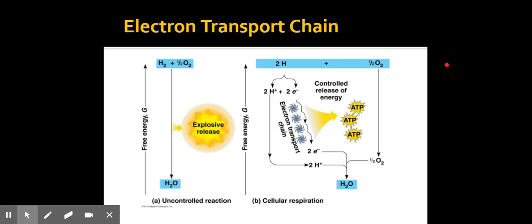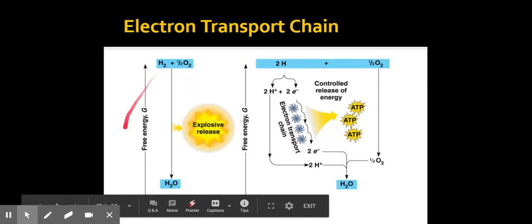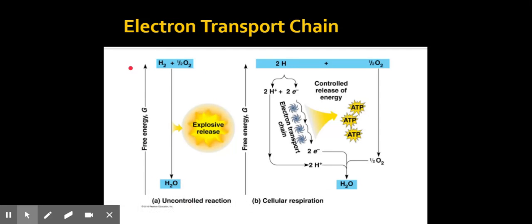All right, so on to the electron transport chain, which we've talked about and said it plays a role in photosynthesis, but I didn't go into the details of that. So we're going to just generally talk about uncontrolled reactions over here, and then I'll talk about specifically how the electron transport chain assists during the harvesting of energy.